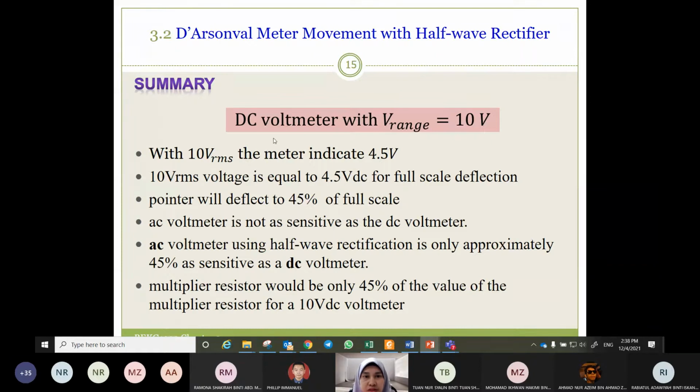If the signal is in DC, the full range is 10 volt DC as well. But if the signal is in AC, 10 Vrms will indicate only 4.5 volt on the meter. So 10 VAC is equal to 4.5 VDC for full scale deflection.